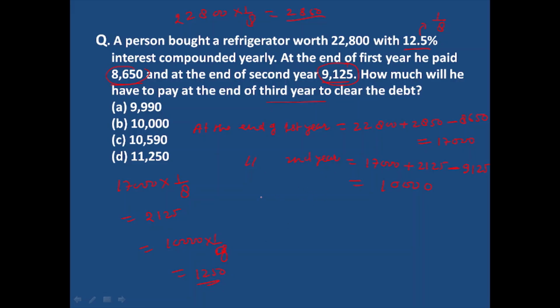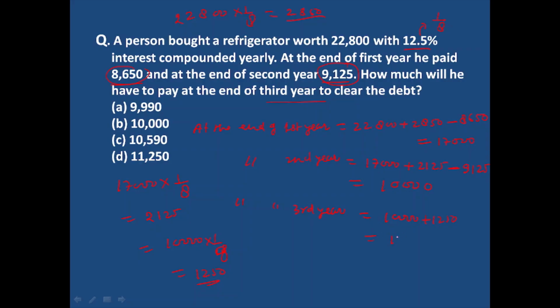So the total amount that we have to pay at the end of third year will be 10,000 plus 1,250. Okay, so this is the amount that we have to pay.